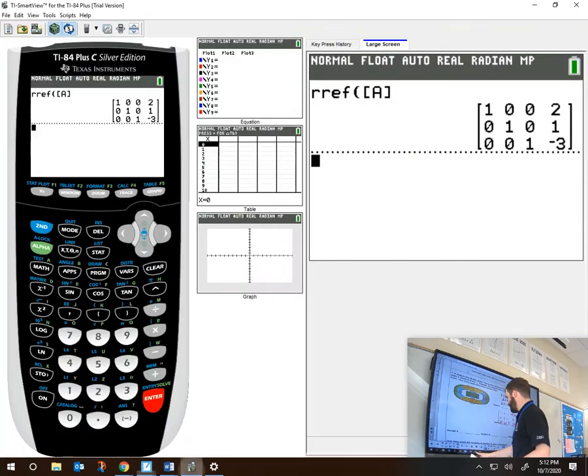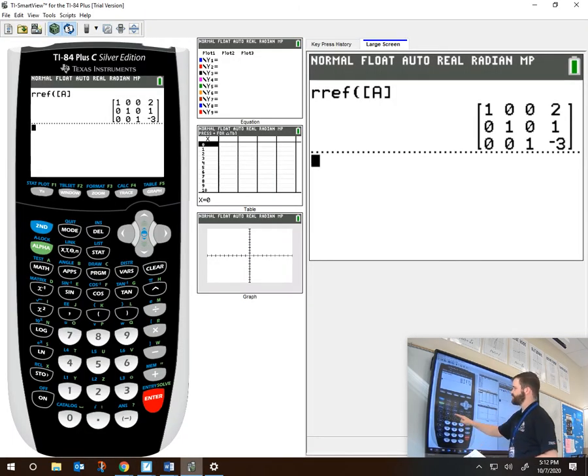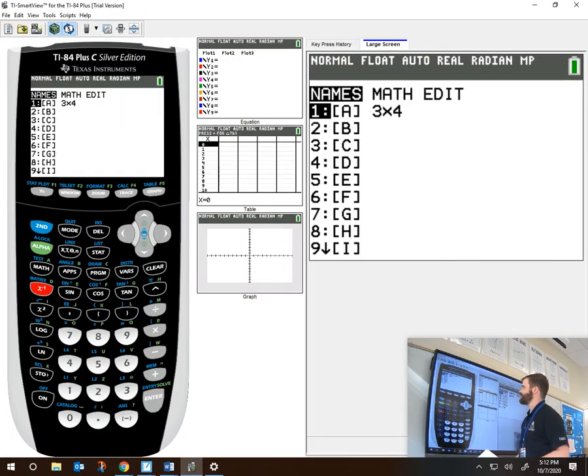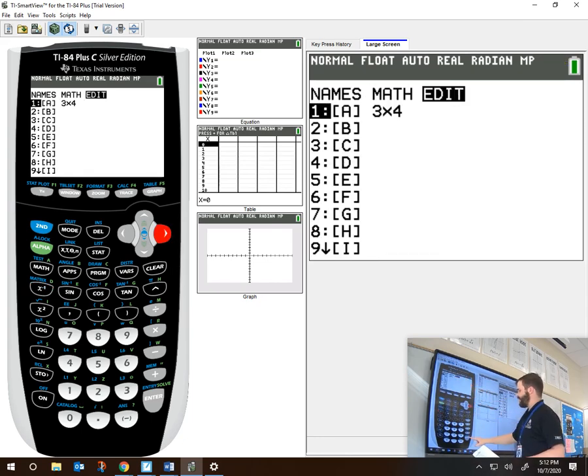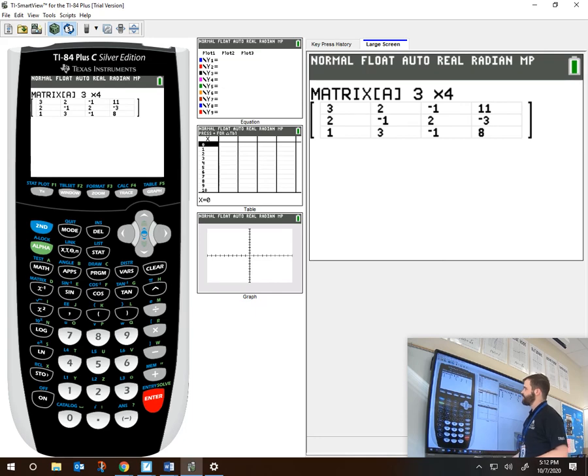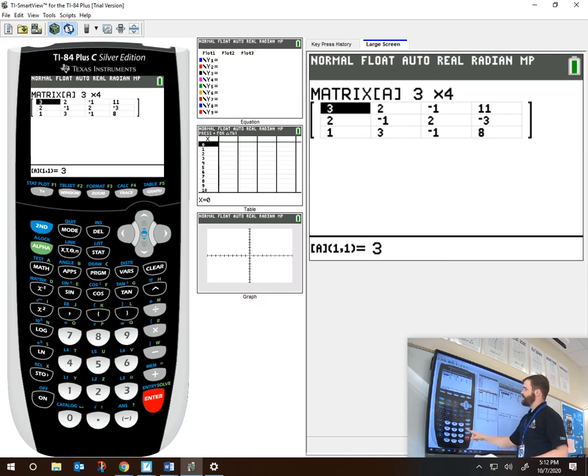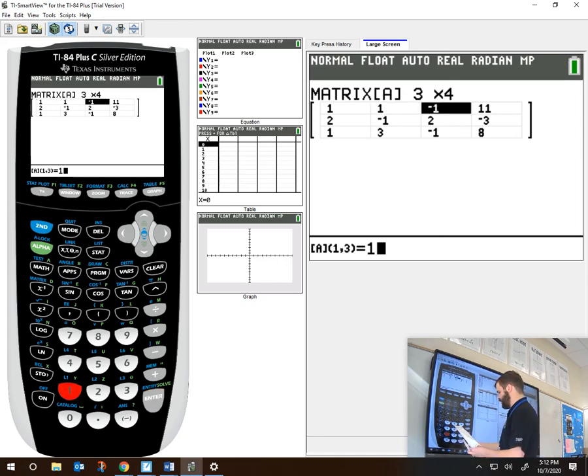All right, so now I'm going to plug that matrix in. So I'm going to go back to my calculator. We're going to go second matrix. We're going to go over twice to edit, and we're going to edit the one that we edited earlier, which is A. It's still going to be a 3 by 4 matrix, but now we're going to have different numbers to put in. We're going to put in the matrix that we just created. We're going to put 1, enter, 1, enter, 1, enter, 49,000, enter.